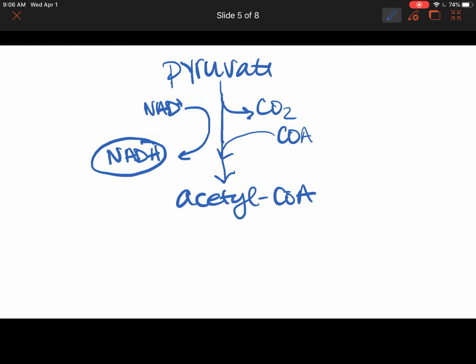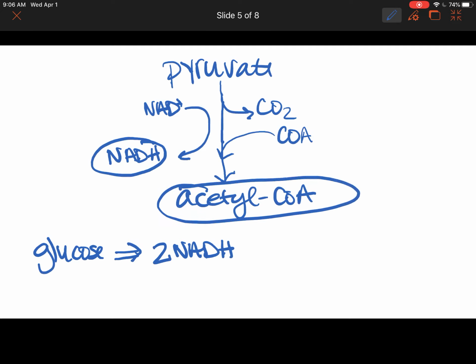So per glucose, we get 2 NADHs as a result of the oxidation of pyruvate. But lots of energy is still stored in acetyl-CoA. Okay, it's still a high energy molecule. Acetyl-CoA is present now in the matrix of the mitochondria.